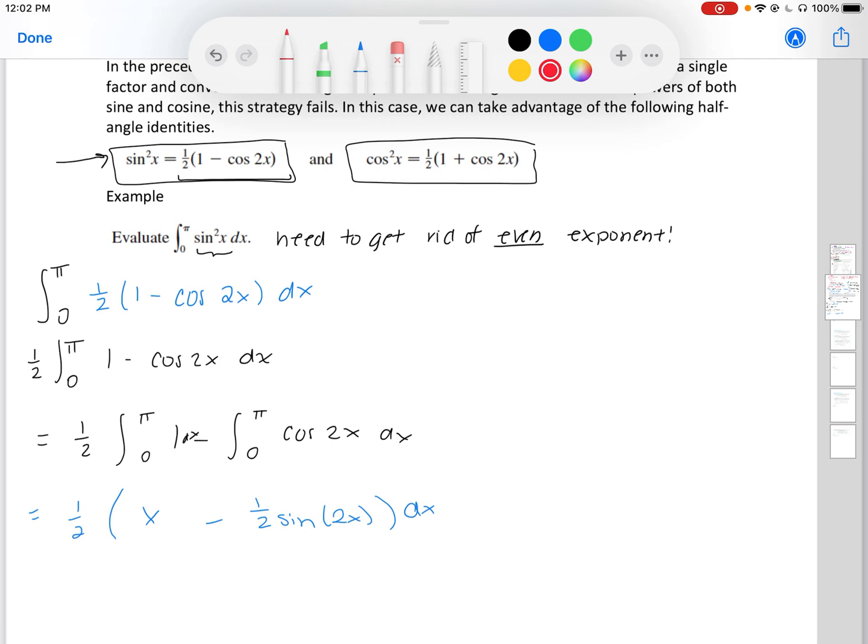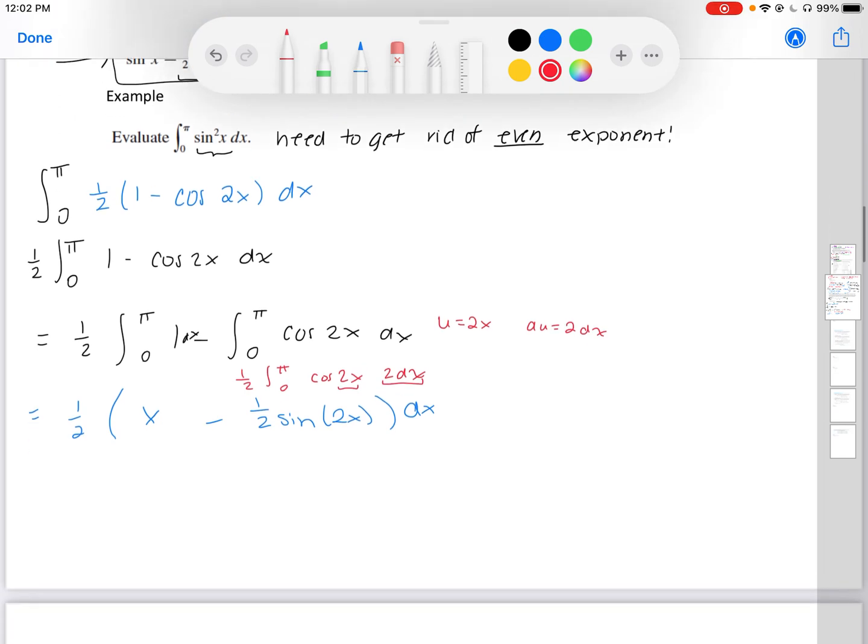And if you need that u sub, let u equal 2x, du equal 2 dx. We need that 1/2 to make up for it. Let me just write it. So we have 1/2 integral from pi to 0 of cosine of 2x times 2 dx. That's your du, that's your u. Now you can go ahead and integrate.